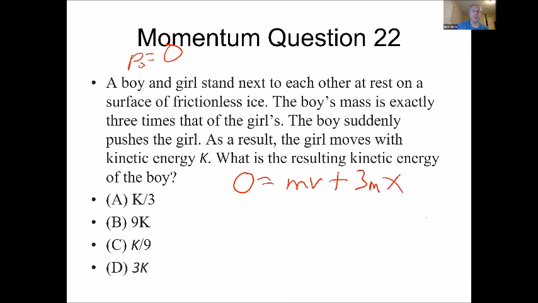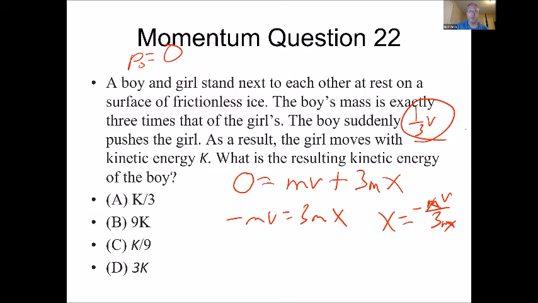If we subtract mv from both sides and divide by 3m, x is going to be negative mv over 3m. So the m's cancel. What that's telling you is that the boy's speed is essentially 1/3 the girl's speed. That's the speed of the boy.